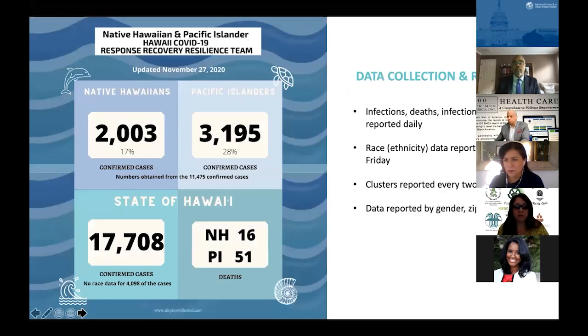We also provide weekly updates to our communities via multiple platforms. And so this is our latest numbers when we look at that. So as you can see, they separate out Native Hawaiians from Pacific Islanders. I do want to point out, though, that you'll see on the bottom, we still have cases that do not report a race and ethnicity.